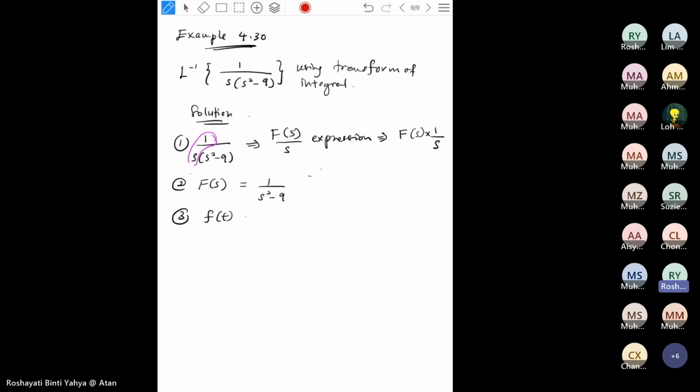Class, your module has the answer as 1 over 3 hyperbolic sine 3t. How to get it? We need to modify. How can we modify this? 9, we change it to 3 squared. Then the 1 we multiply with 3, and we need to divide by 3 to equalize.